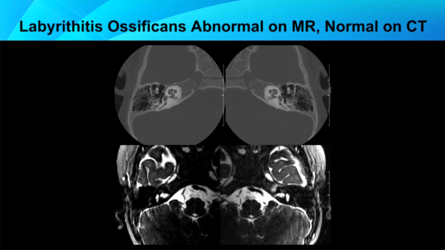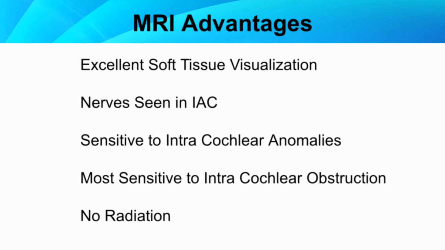This set of images demonstrates complete fibrous obstruction of the cochleae bilaterally on MRI, but it's not visible on CT scanning. Both cochleae appear normal on the CT images, but are absent on MRI as a consequence of the fibrous obstruction. Finally, no radiation exposure is associated with MRI scanning, and there are no accepted adverse effects of an MRI scan.